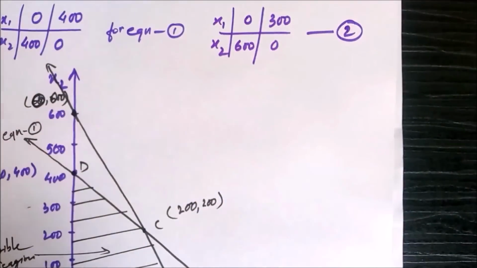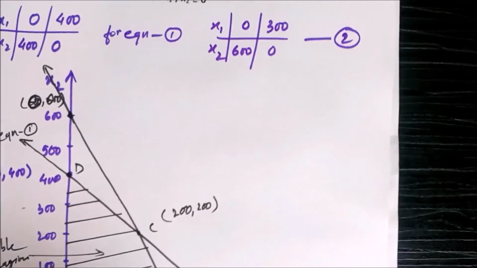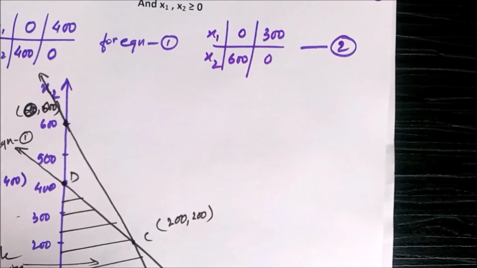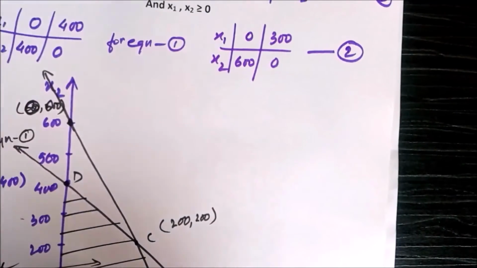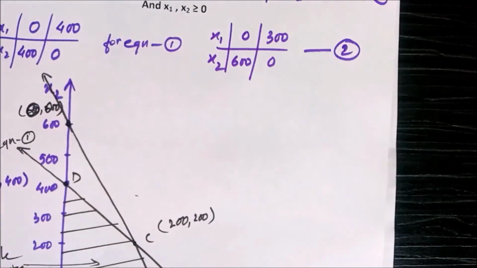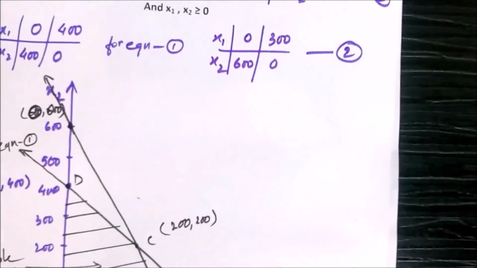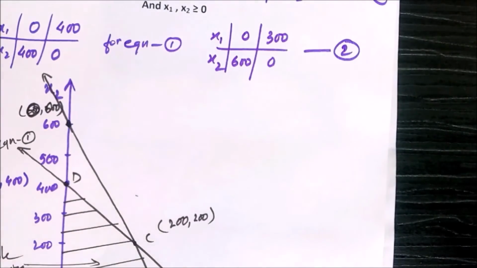And D is 0, 400. So I already have the values of the points. Now I will use them for solving the problem.